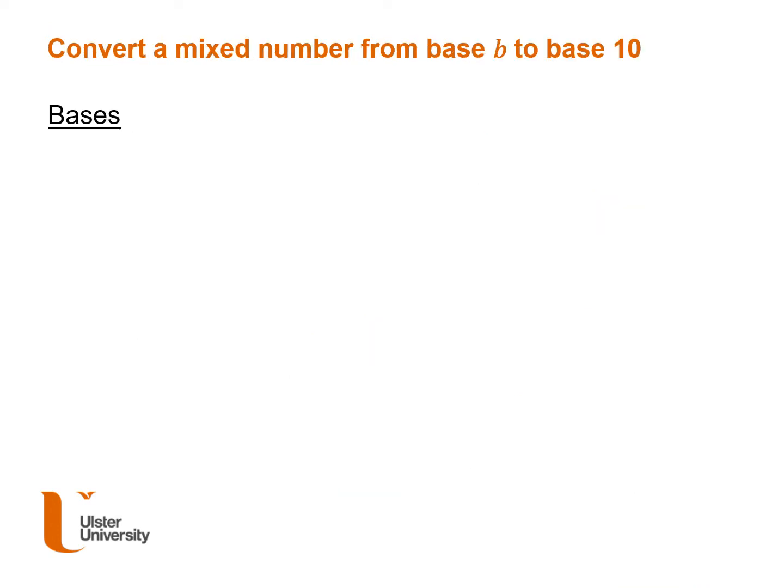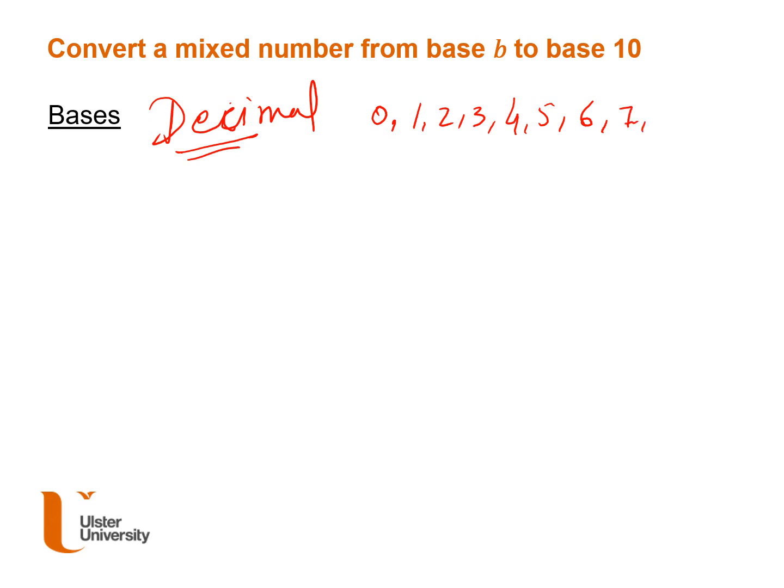There are different number systems with different bases. For example, when we are talking about the decimal number system, that is of base 10, we have 10 digits starting from 0, 1, 2, 3, up to 7, 8, and 9.